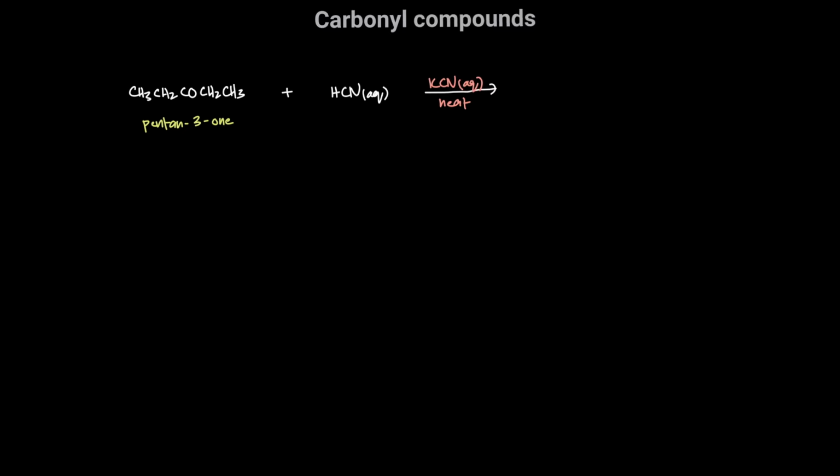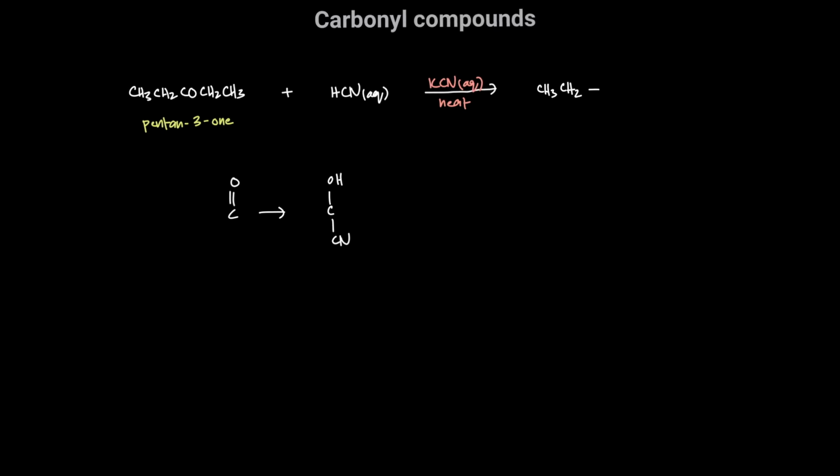So over here, our product is a hydroxynitrile. We get CH3, CH2, and then the C double bond O becomes a COH, and that carbon also bonds to a CN.